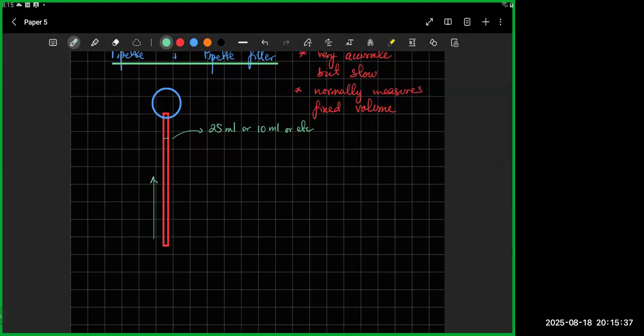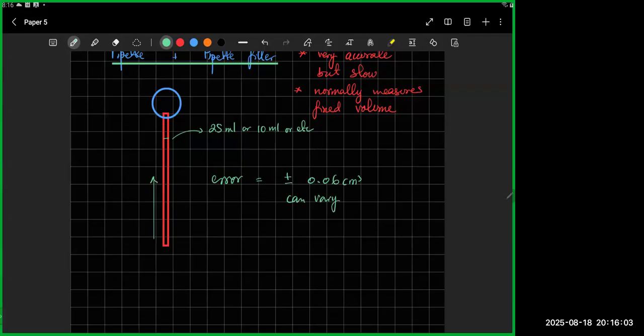The error in normal pipettes is normally plus or minus 0.06 cm³ in any reading, because a lot of pipettes are not going to have any graduations; they just measure a fixed volume. But it can vary.